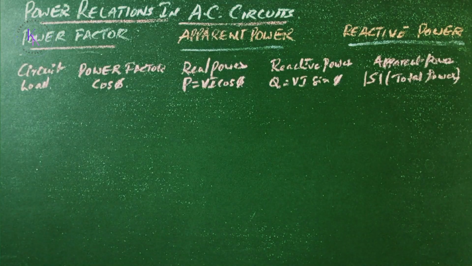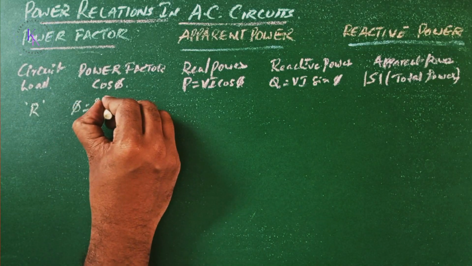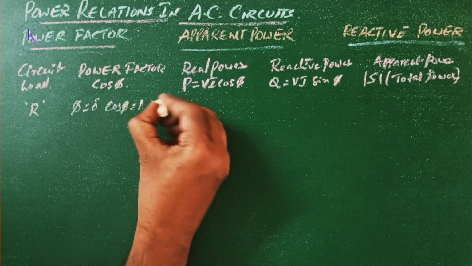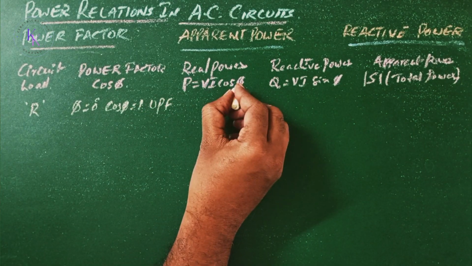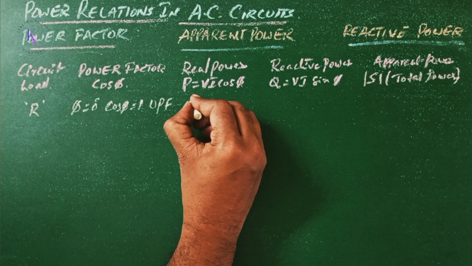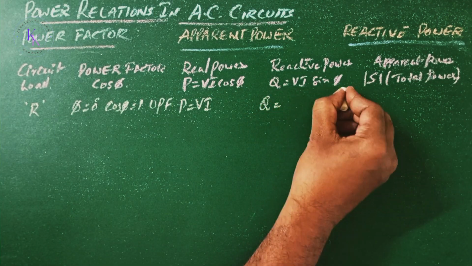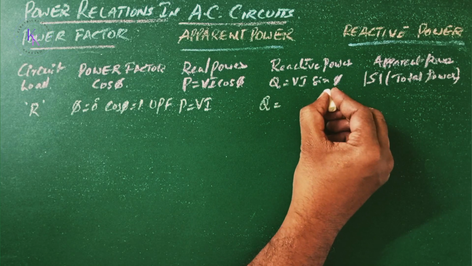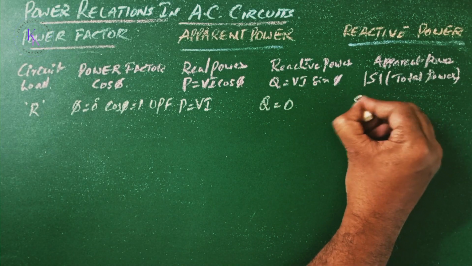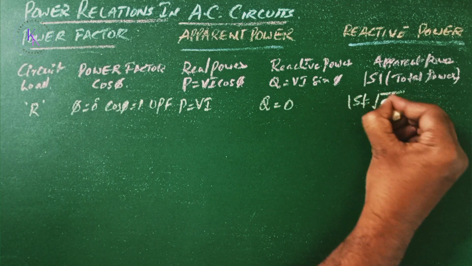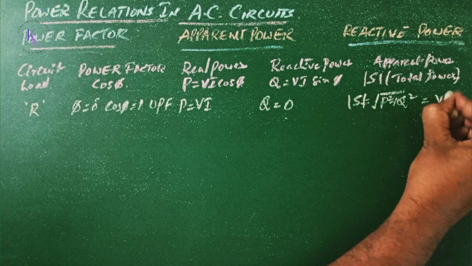Now, for a pure resistive load, phi is 0, power factor cos phi equals 1, that is unity power factor. The real power P equals VI cos phi, which is 1, so P equals VI. The Q value, VI sin 0, is nothing but 0. Then the apparent power S is given by the square root of P squared plus Q squared. Substituting, we get VI.